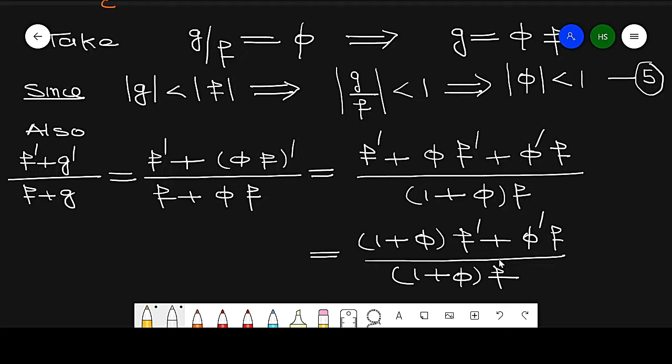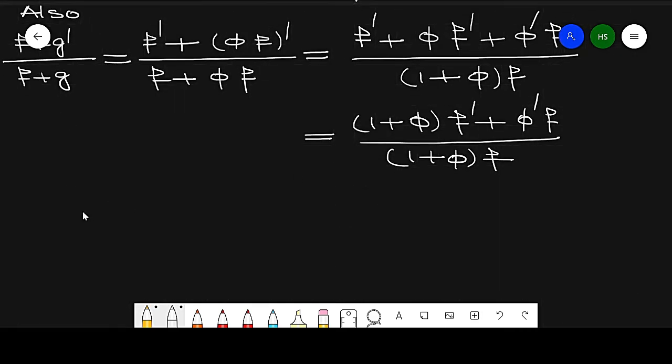Now from the first part, if we divide this term, we get f dash over f, and from the second part f is cancelled, so we get phi dash over 1 plus phi. So we write this value in this form.